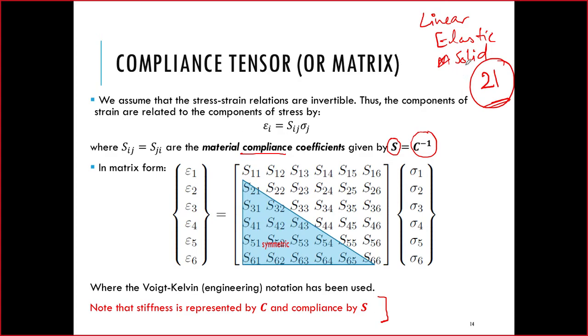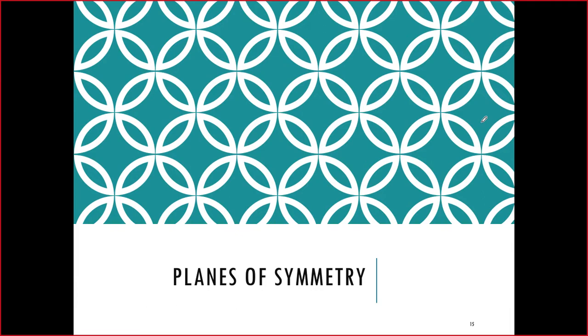So what happens is that certain materials behave in an even more specific manner, because of which these 21 components reduce even further for that class of material. So that's what I'm going to start to discuss now, or we can go through it pretty quickly.